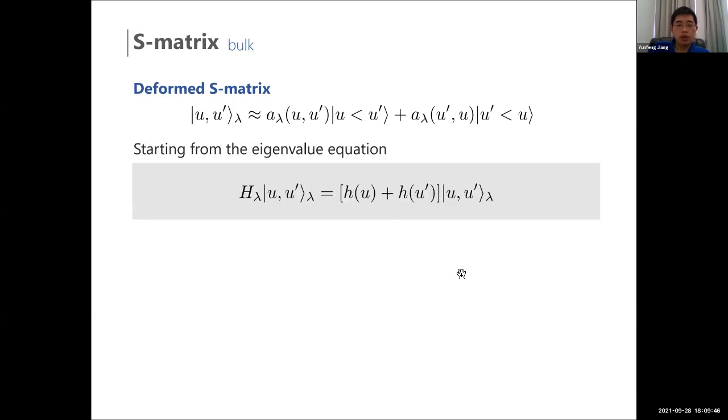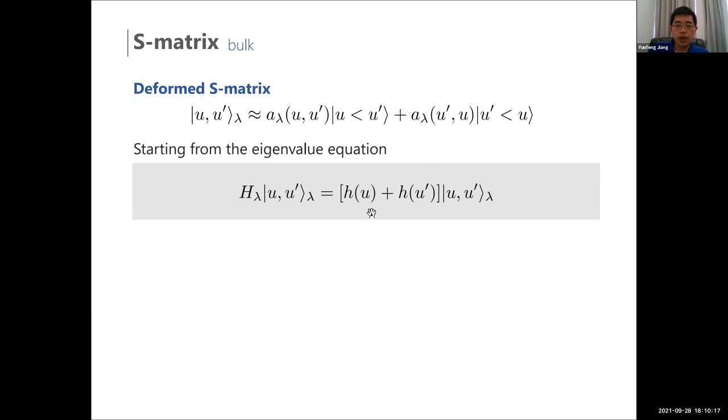To do that, we start with the eigenvalue equation. We take this deformed two-particle state and the deformed Hamiltonian, and this state is the eigenstate of the Hamiltonian. So it has this eigenvalue, where h is just the energy of each single particle. Now I have two particles, so I take the sum over the two particles.